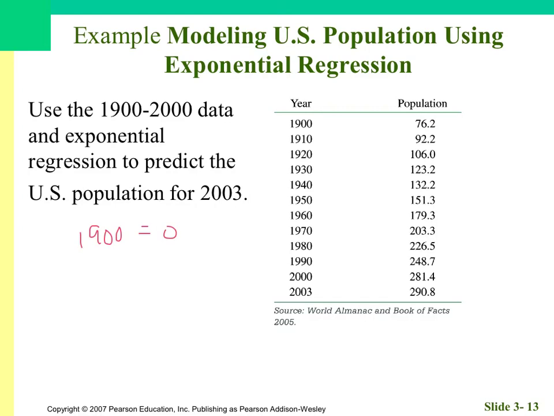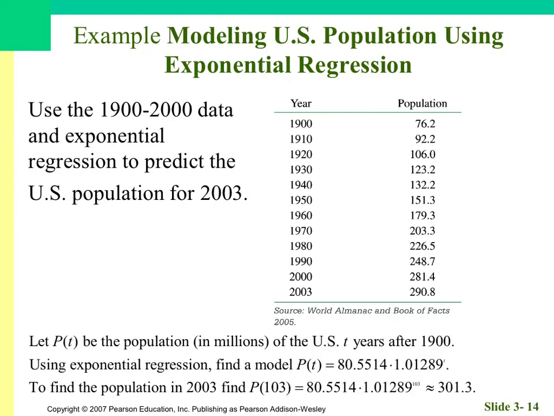And then do that in your calculator, and we'll see what we get. If you're unsure, ask about it in class, please. So if we do that, that's the equation you should come up with. If you didn't, ask in class. Okay?